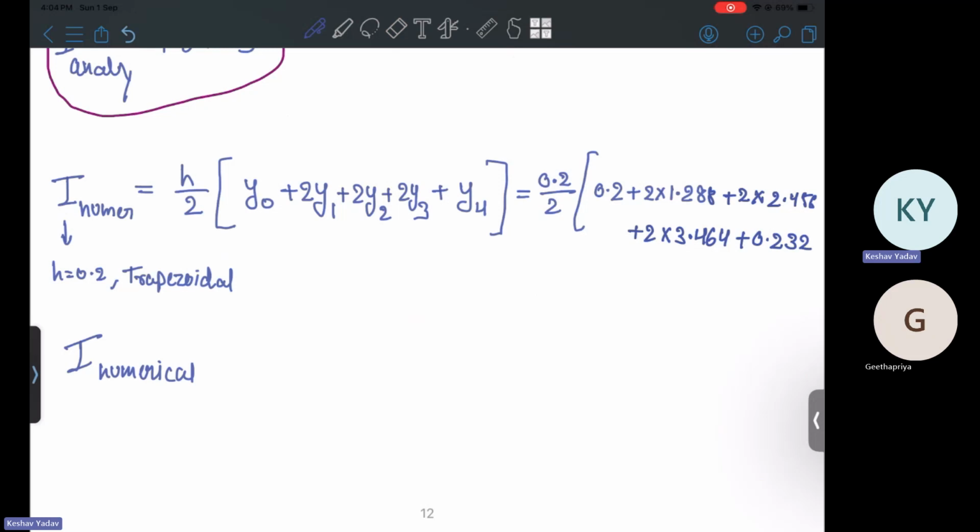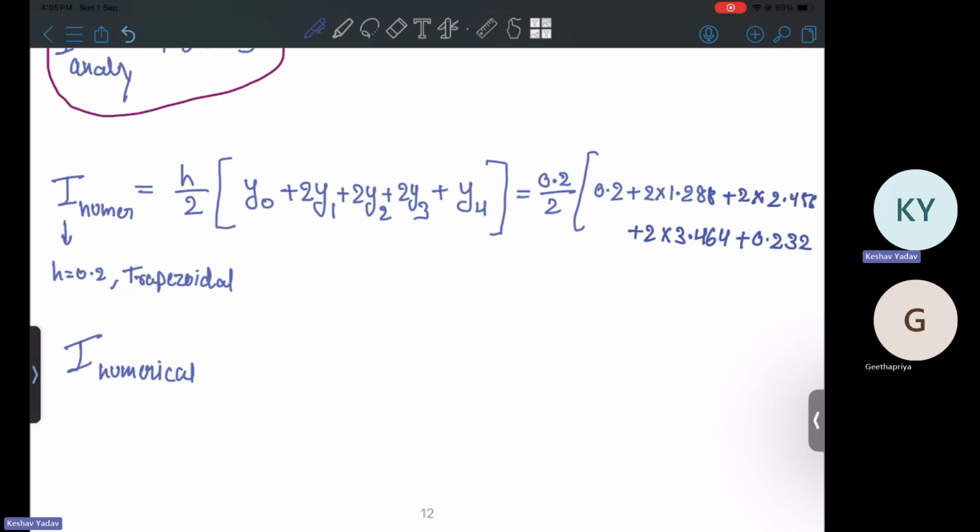Let me do it. So 0.2 plus 2 multiplied by 1.288 plus 2 multiplied by 2.456 plus 2 multiplied by 3.464 plus 0.232.